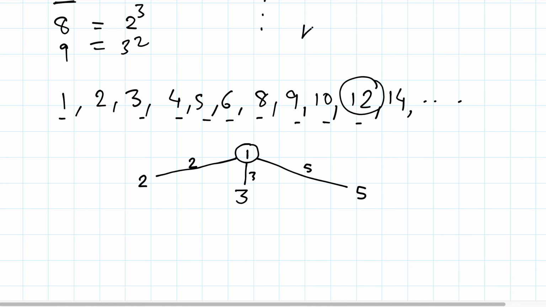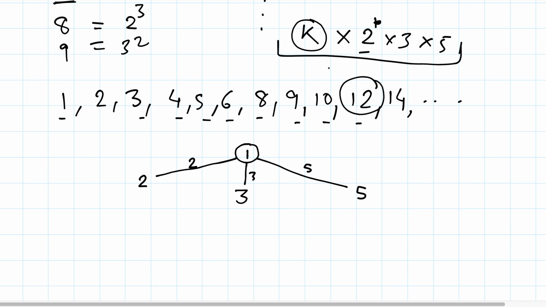So if any number k is ugly, and if we multiply it by 2 any number of times, or 3 any number of times, or 5 any number of times, then this complete number will also be ugly, because if this k was 2 to the power p1, 3 to the power q1 and 5 to the power r1, then multiplying this will just increase the powers of p, q and r depending on what we multiplied.